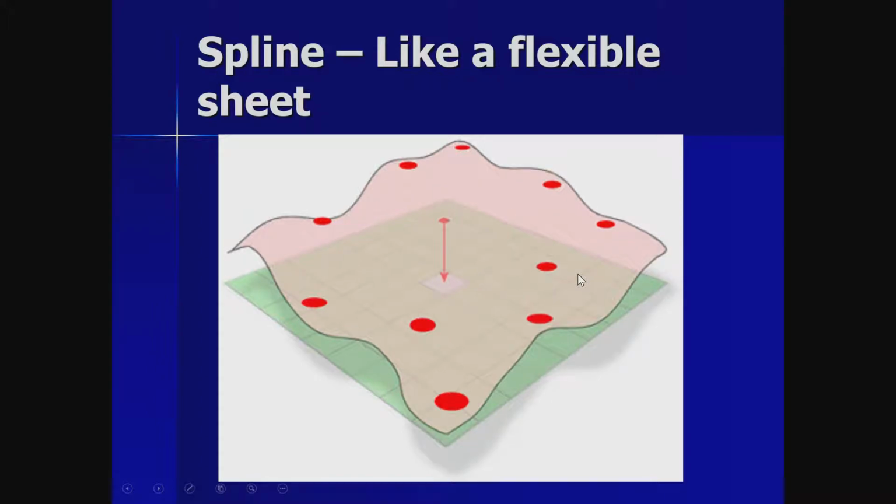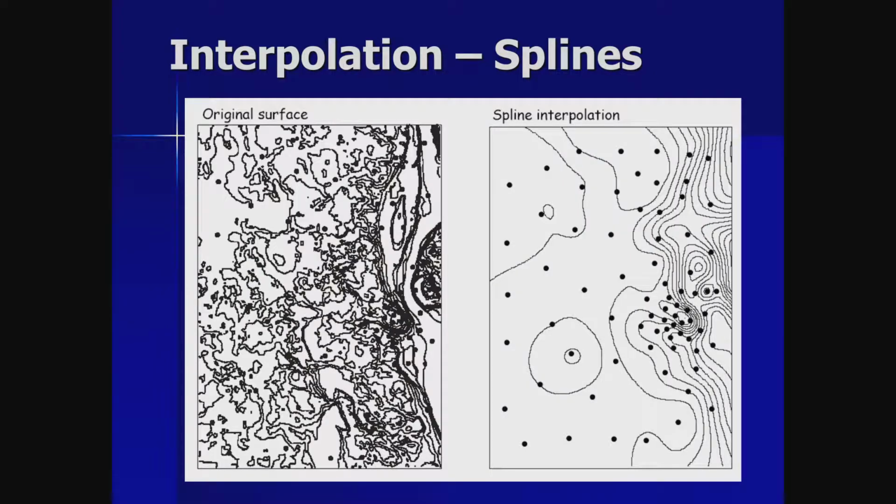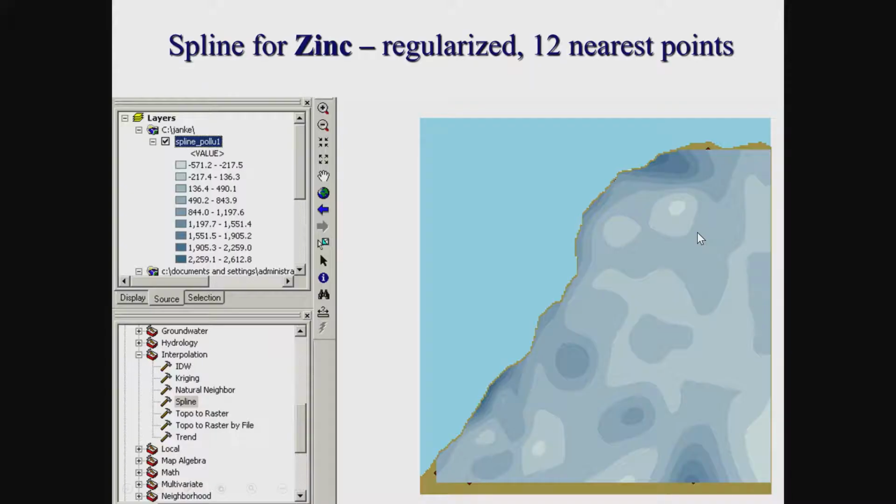This comes from the help page. You can see these are the points, and we're fitting a flexible metal sheet. Originally these were metal rulers, but today we could talk about some polymer that would be better. So you can see how it produces these smooth surfaces. Okay, they're often thought of as being visually pleasing.